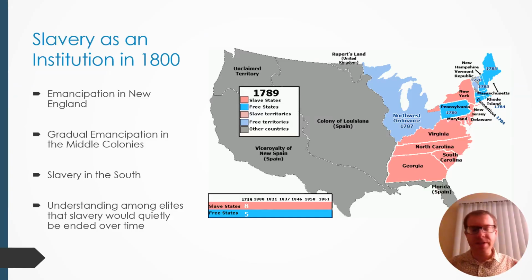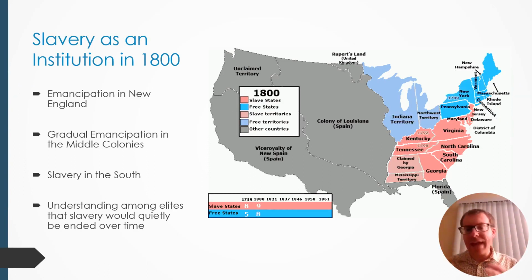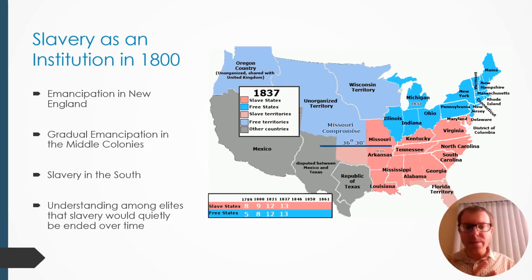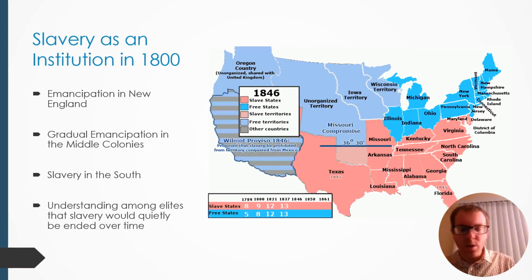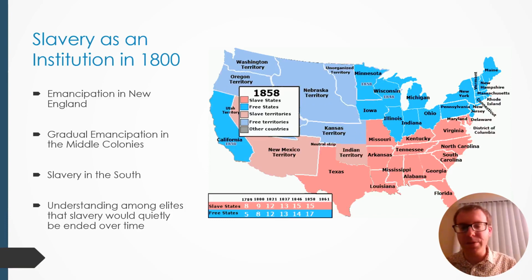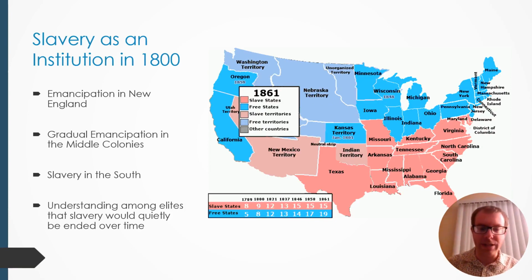So in our last lecture, we briefly discussed slavery at the end of the Civil War. So what did slavery as an institution look like in 1800? Emancipation did occur in most of the states in New England. Connecticut holds on to slavery until the 1820s, 1830s, because they adopt a very stringent gradual emancipation plan, which leads to some people still being enslaved in Connecticut in the 1830s.